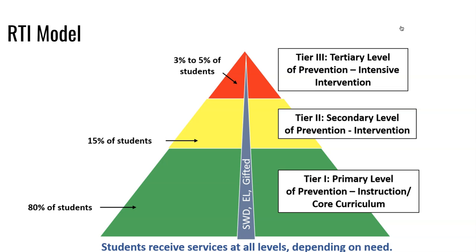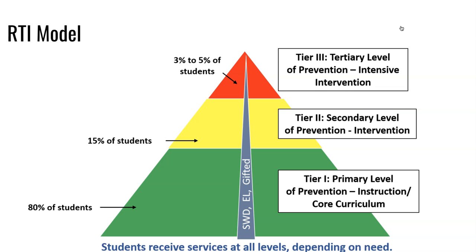The child would be tested, and then if they would qualify, they'd immediately be pulled out of class to get services outside of the classroom, and so they were immediately missing time in the general ed classroom.